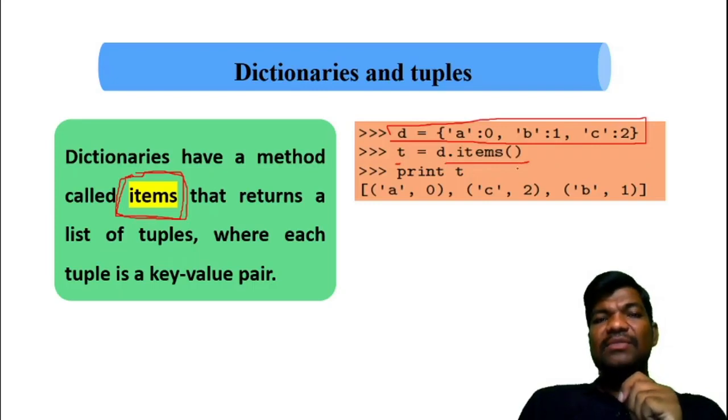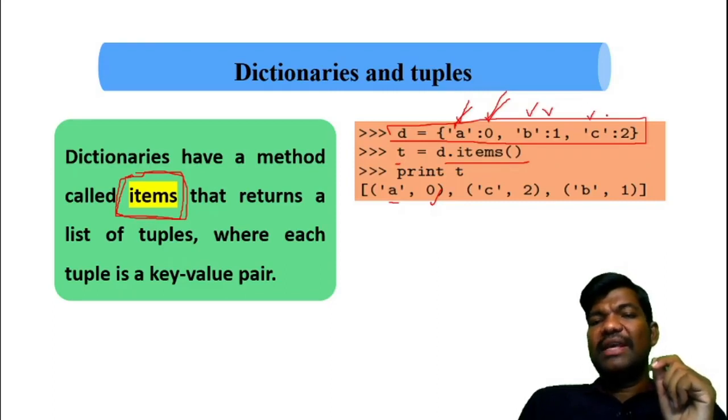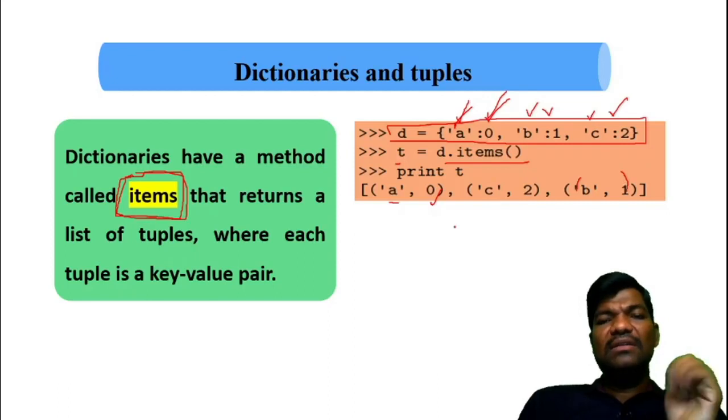What will it print? First one, A, and what is the value here? 0. So first key, first value is one tuple. Second key, second value is another tuple. Third key, third value is another tuple. Like that it will be displayed.